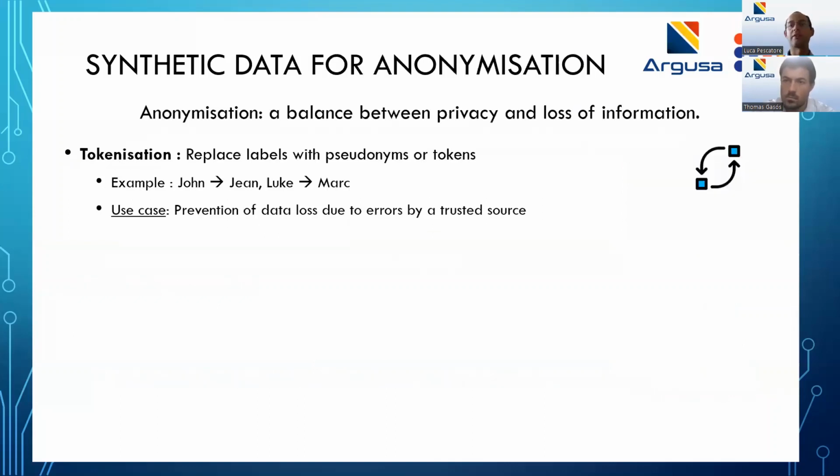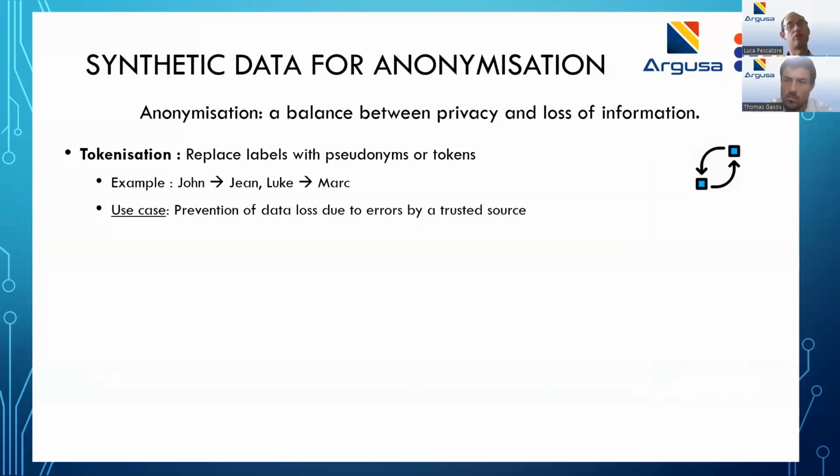So, let's see what are the levels of anonymization and the path to, let's say, synthesization of a dataset. There are several levels of anonymization that strike a balance between the privacy of the dataset and loss of information.